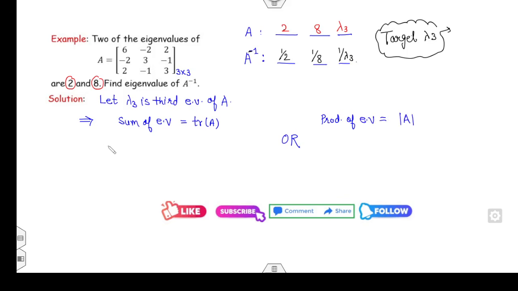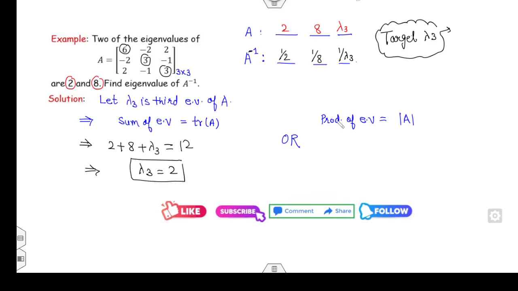The choice is on your side. If I use the first property, the sum of the eigenvalues 2 plus 8 plus lambda 3 equals the trace of the matrix, 6 plus 3 plus 3. That implies lambda 3 is 2.